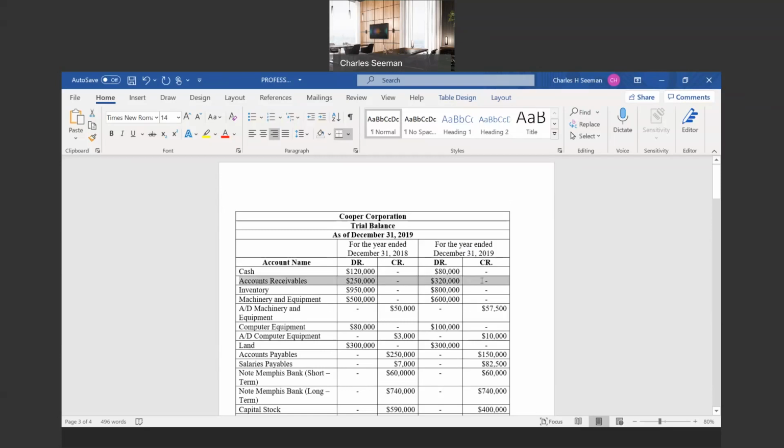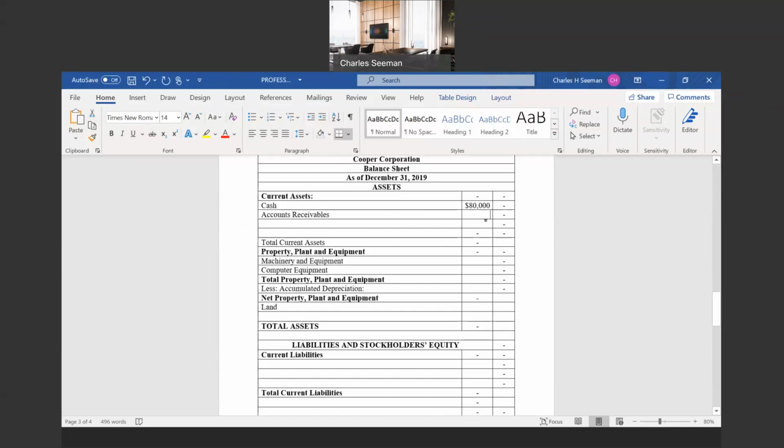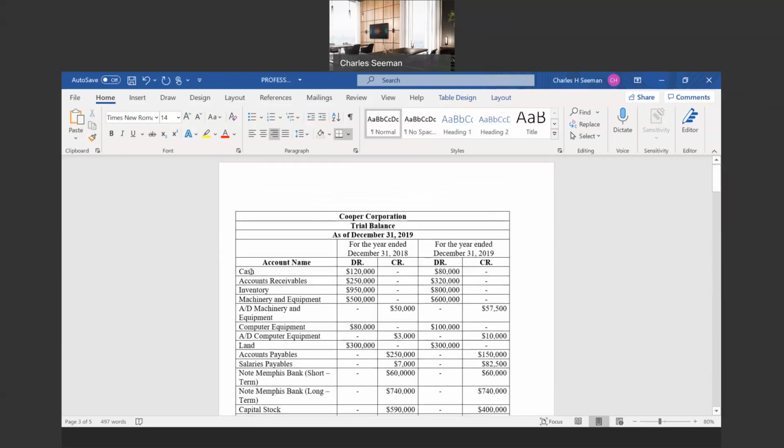Accounts receivable, 320,000. And the last one is inventory. So what they're saying is that these current assets are going to be converted into cash within 1 year.